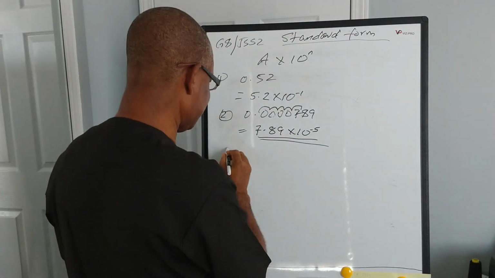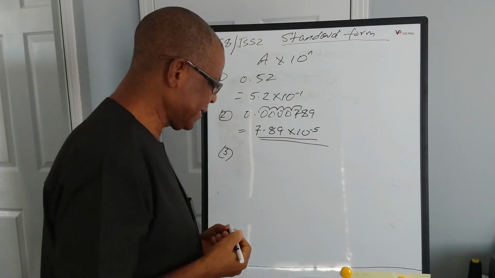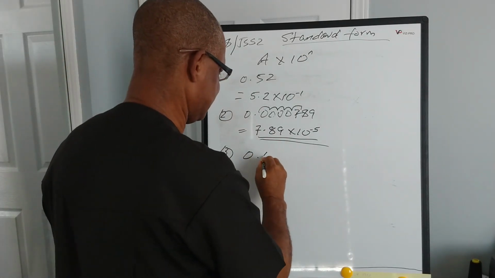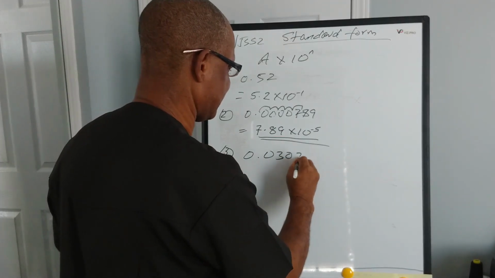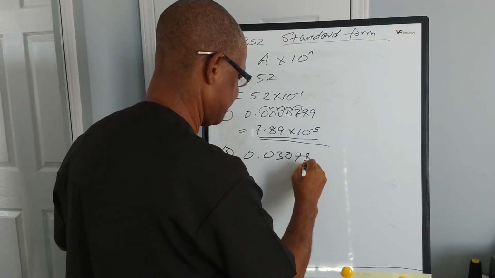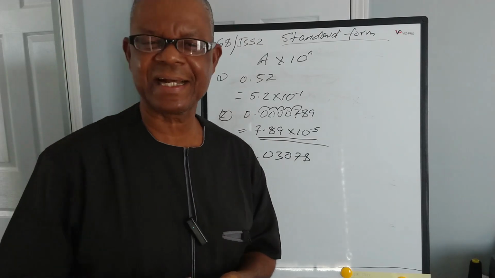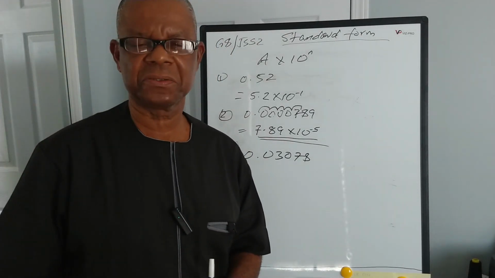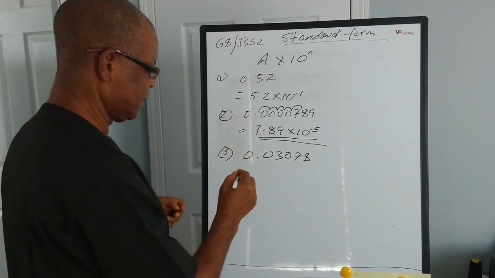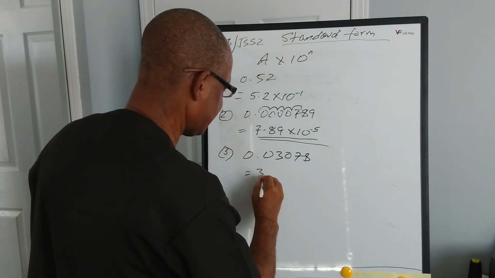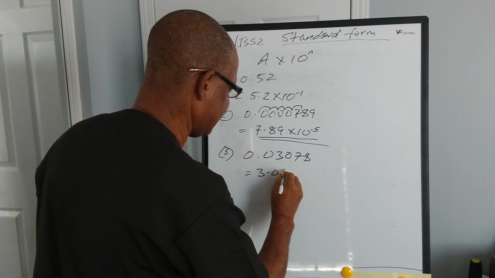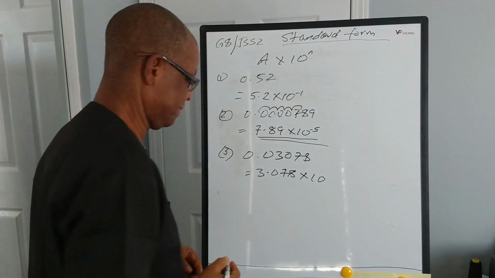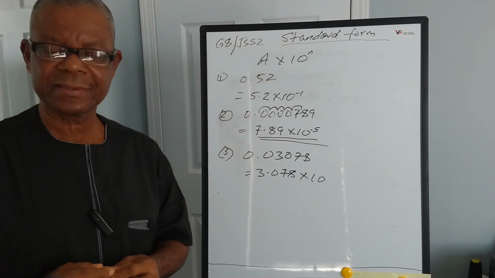We may as well be given, let's say example 3, 0.03078 to express in standard form. The digit before decimal point is 0, so this is not in standard form. This will now be 3.078 times 10 raised to power what?